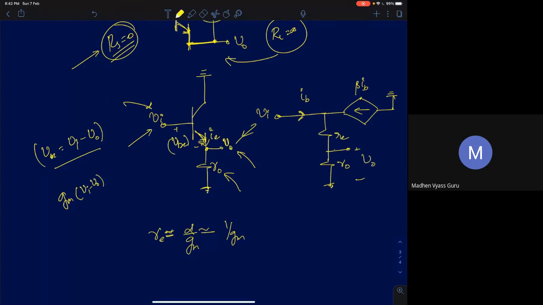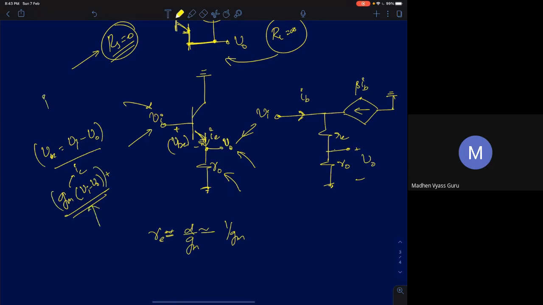That's your VBE. There is also a current through R pi, right? This is your collector current, IC. If this is your collector current, what will be your base current in terms of collector current? Can I say it is IC by beta? This is small signal IC, right?